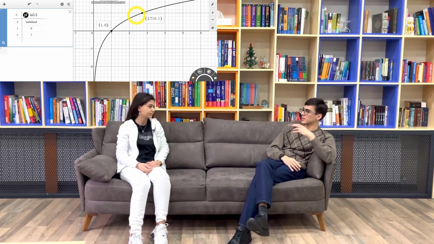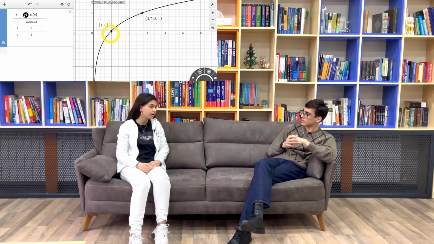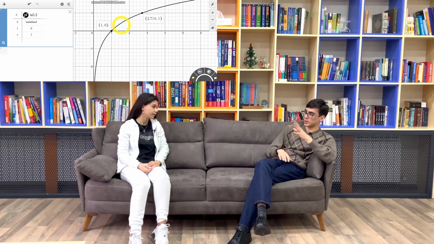But I have a question: if we see the graph itself, can we derive any conclusions about its first derivative? Looking at the graph, I may notice that as the x value is increasing monotonously, the value of the derivative is also positive. Yeah, because the function is always increasing.